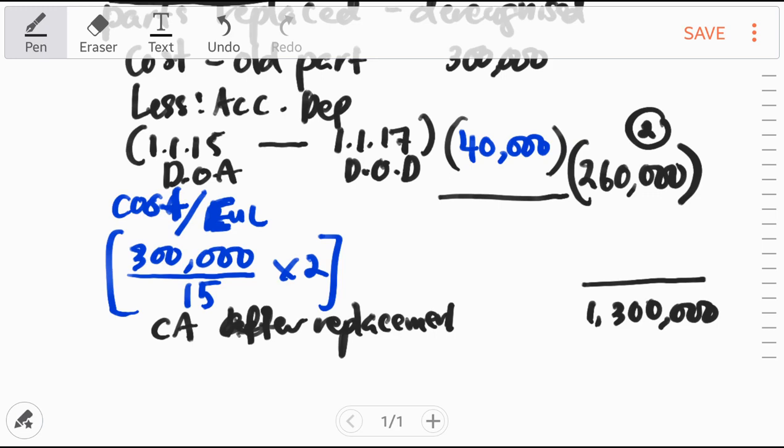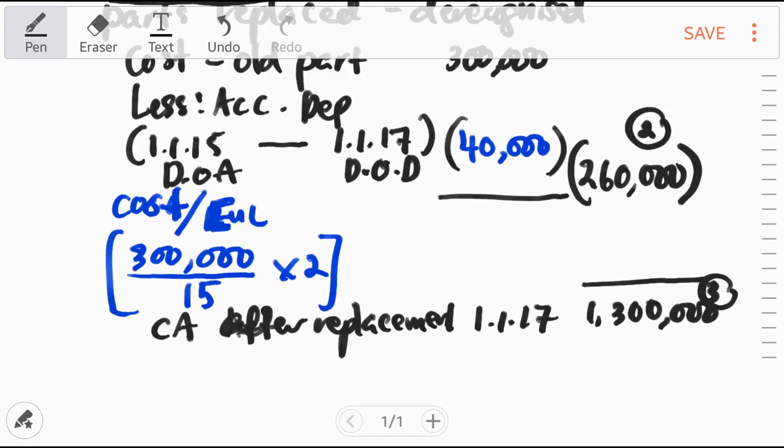Yeah, if you have done the calculation correctly. And this is on 1st of January 17. Right. So we are done with the calculation or the workings, and you need to explain about this as well in your accounting treatment number 3.